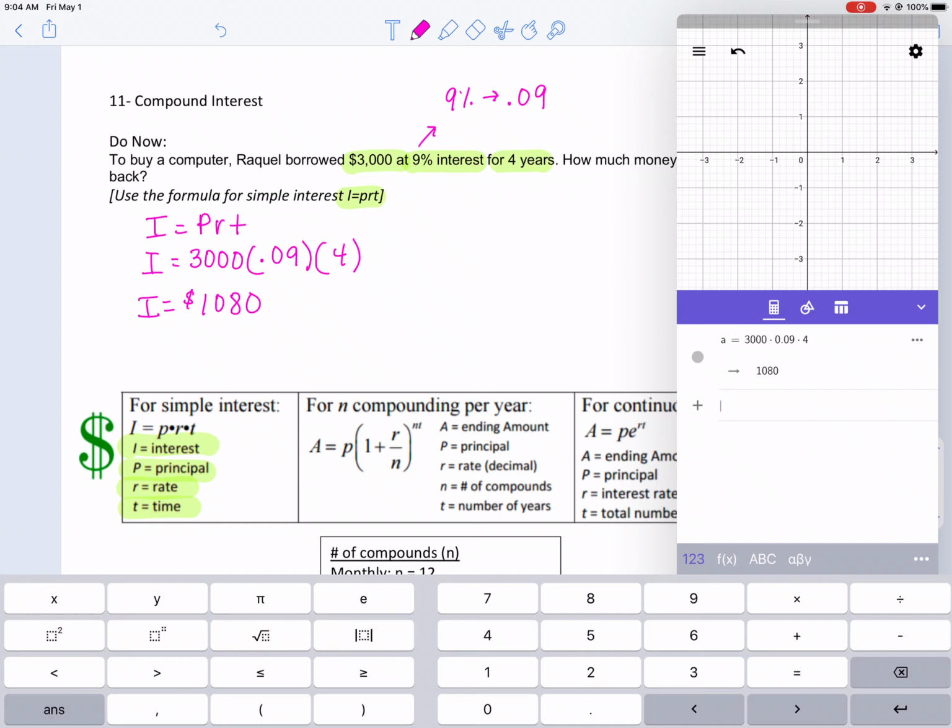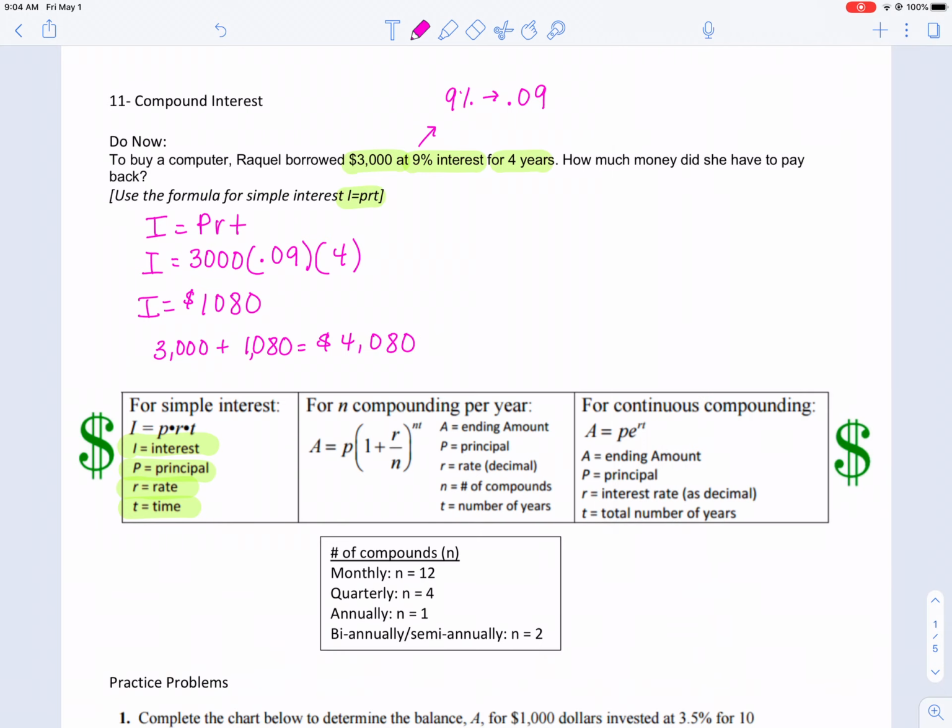So if you wanted to know how much altogether out of pocket that you would be paying, you would have to take the $3,000 and add your $1,080, which would tell you that you would have to pay back $4,080.